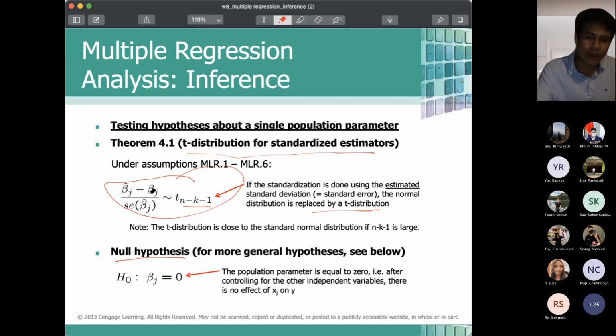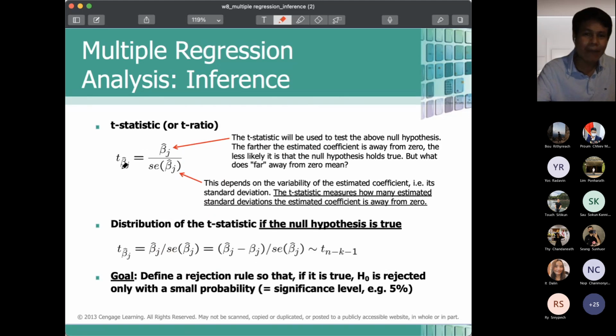So if you replace this with 0, you will get t of delta j hat equals delta j hat divided by the standard error of delta j hat. All right. So the t statistic will be used to test the null hypothesis. Based on this equation, the further the estimated coefficient is from 0, the less likely it is that the null hypothesis holds true. So the larger the t, the more it means that we reject the null hypothesis.